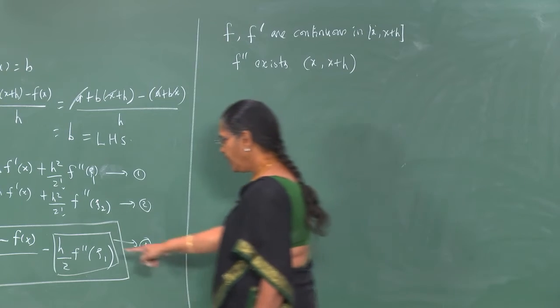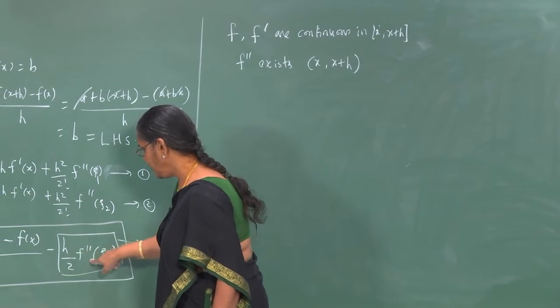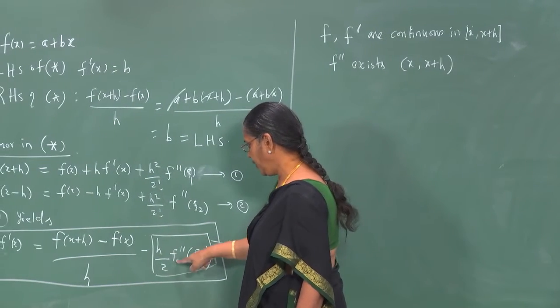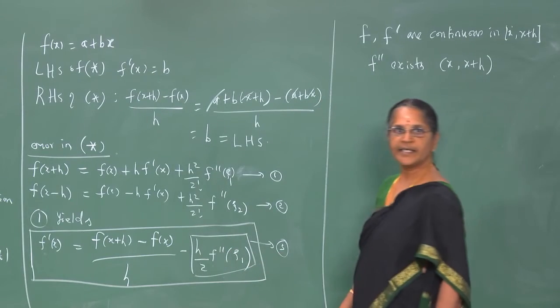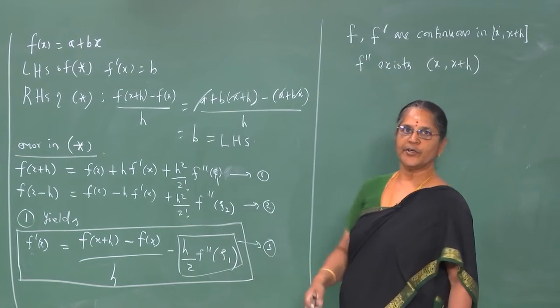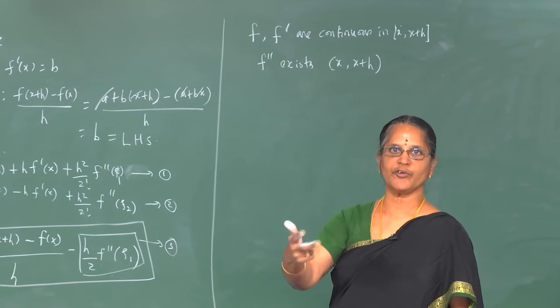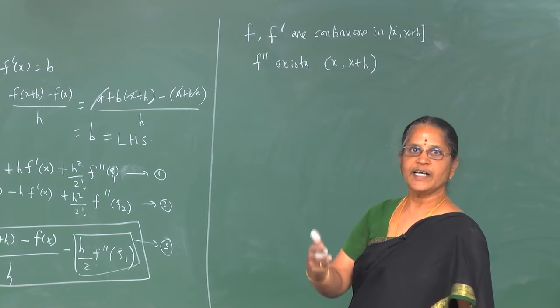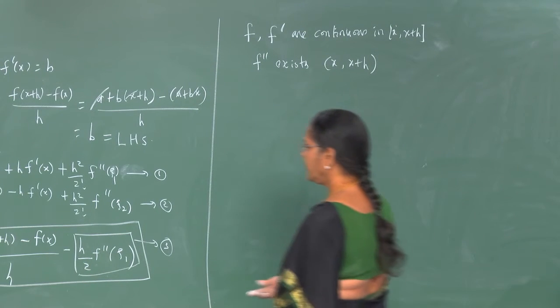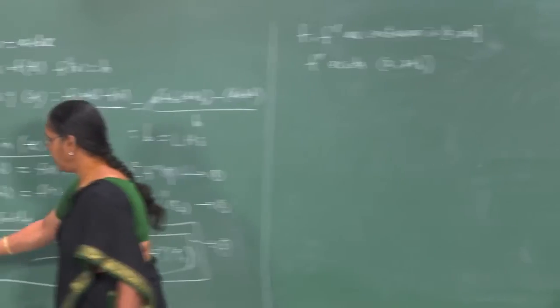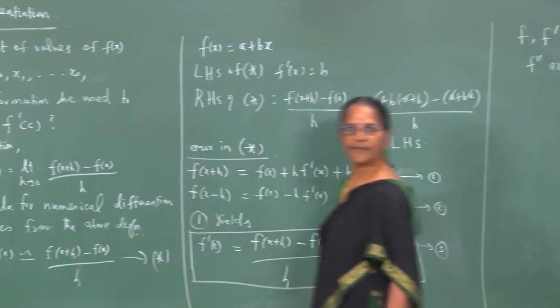So, the error term which consists of these two factors h by 2 and f double prime tell us to what class of functions that f must belong to, so that I can estimate its derivative by the formula star.